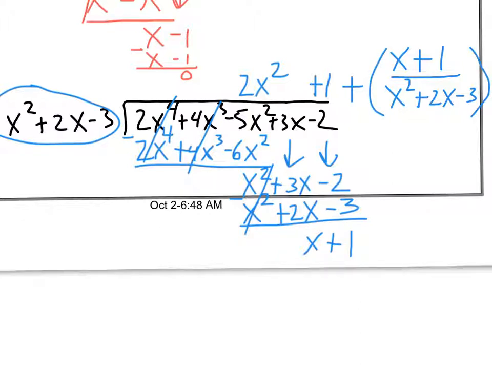Kind of a big looking remainder there, which is fine, right? Your remainder, like whatever you're left over with when the process was done, relative to what you divided by, that's your remainder. Every single time, no matter if it's really simplified or not. So again, we divided those, we got 2x squared plus 1, and then that remainder.